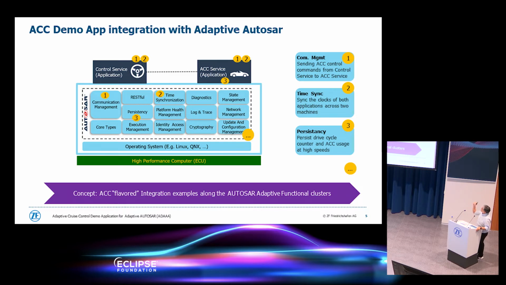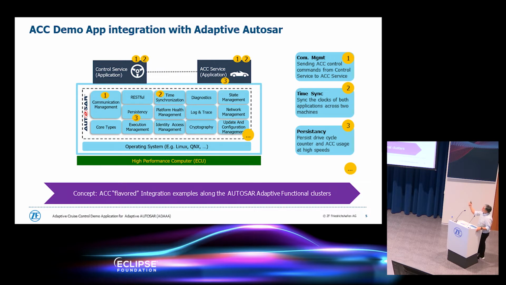Another one would be time sync. There is a requirement that says it might be dangerous to engage with this ACC at high speeds, let's say 90 kilometers per hour, and you want a log record about the time that this vehicle has spent in this high-speed scenario or high-speed maneuver.